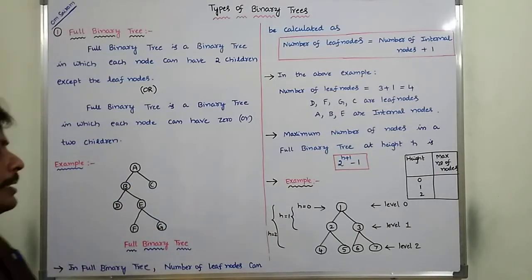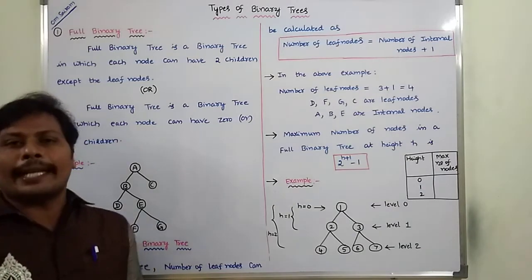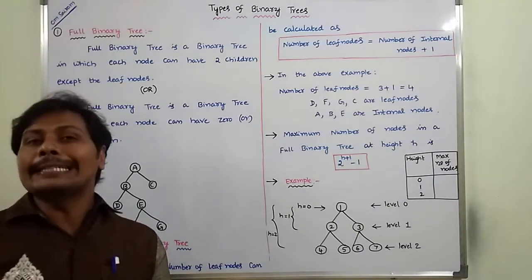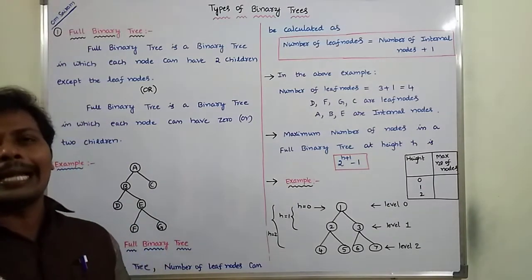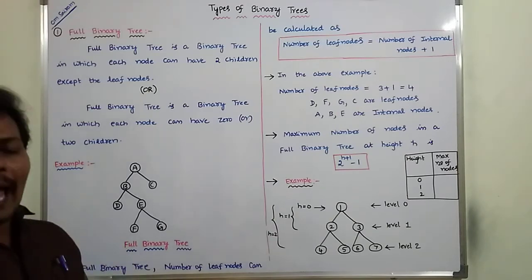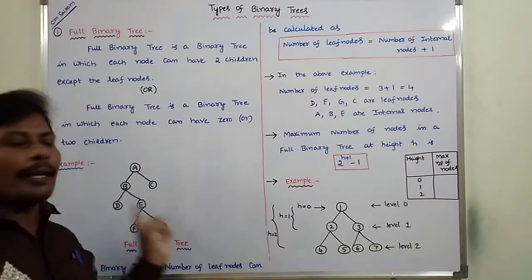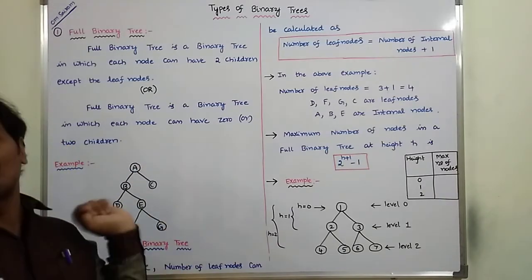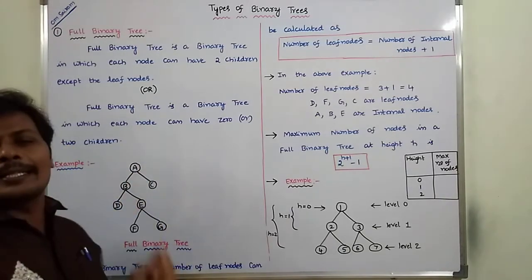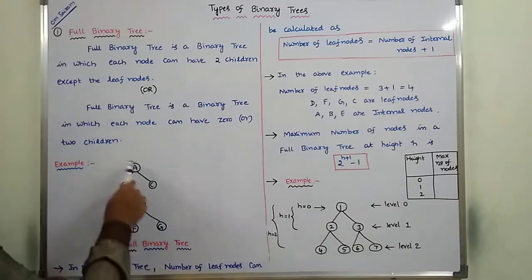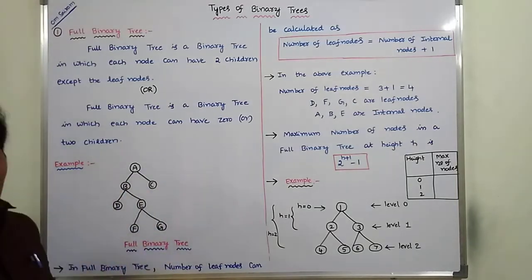Next, in a full binary tree, the number of leaf nodes is equal to the number of internal nodes plus 1.